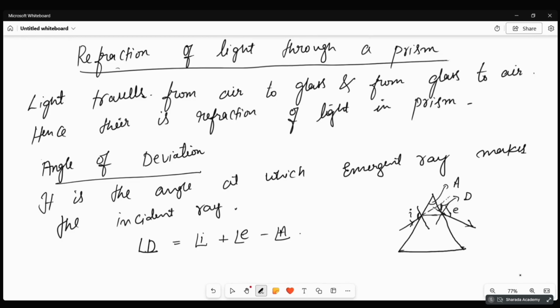This light will bend and go like this, no? If you extend the emergent ray and the incident ray, what is the angle between them? That we call the angle of deviation.